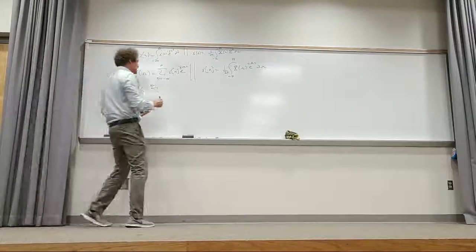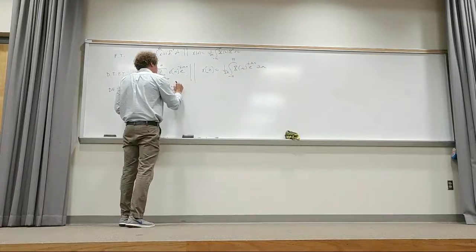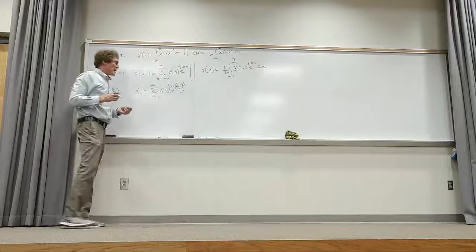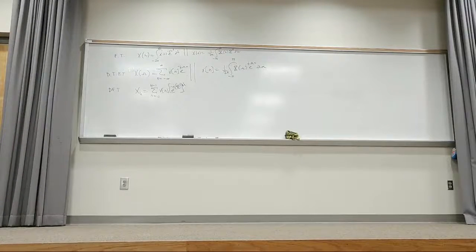And then it's going to be x of n, and then e to the minus j 2 pi over N, and it's this to the n and then the k power. I break out the nk power because I like to make sure you see it's always e to the minus j 2 pi. That 2 pi is 360 degrees divided by the number of samples. That tells you the angular increment of each one of these, for lack of a better term.